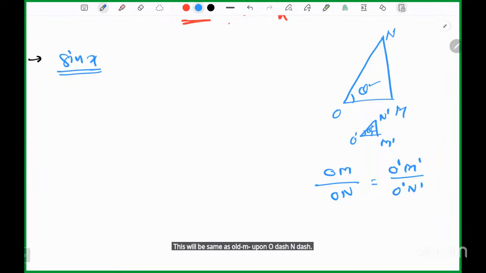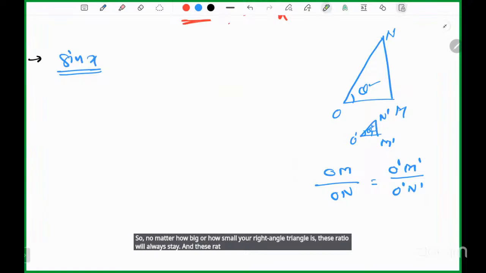So whenever the angle theta is the same, these ratios will always be the same, and these ratios are given specific names: sin theta, cos theta, and tan theta.